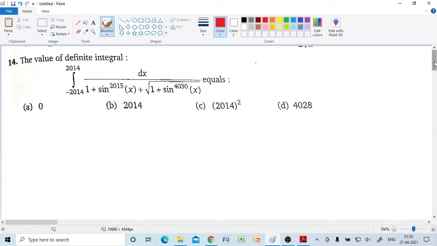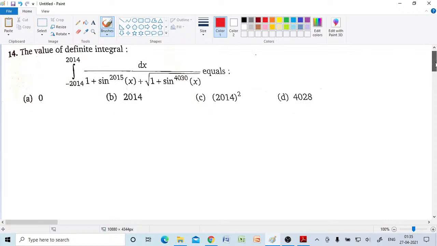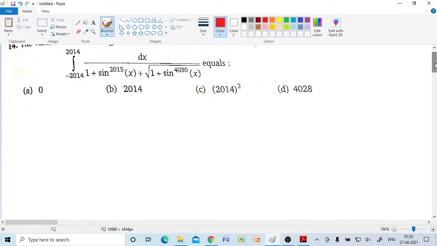I actually didn't solve this integral. I just thought of a way, but I have not tried it. So let's try. As we can see, the lower limit and the upper limit are basically opposite of each other. So if something is like this, then we can try to use King's rule. What is King's rule? I'll just give a brief introduction.